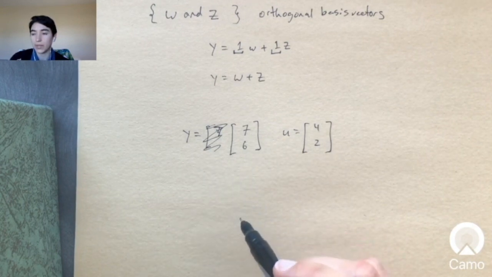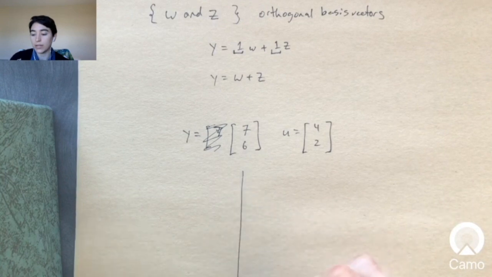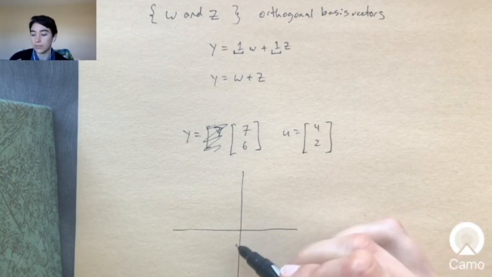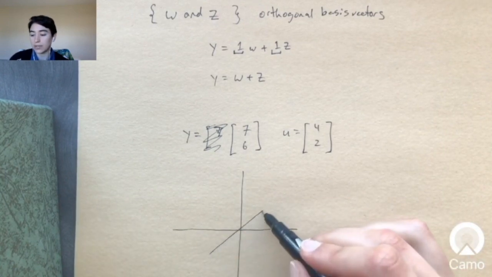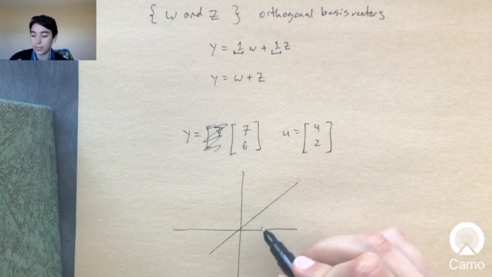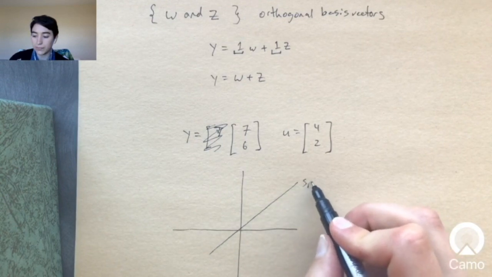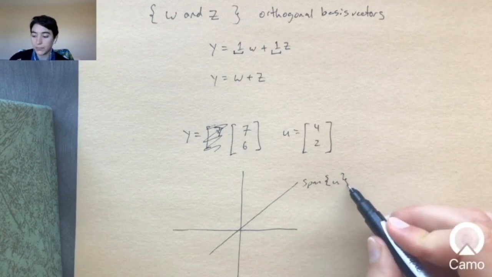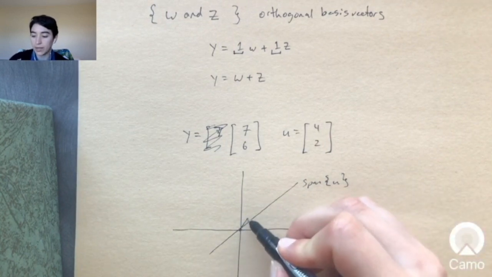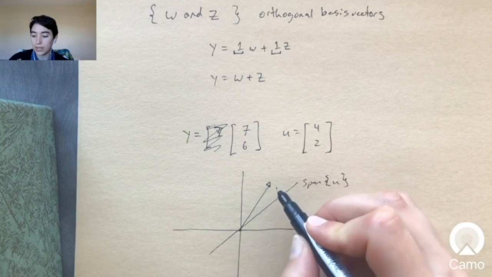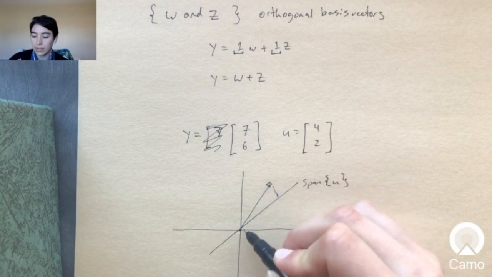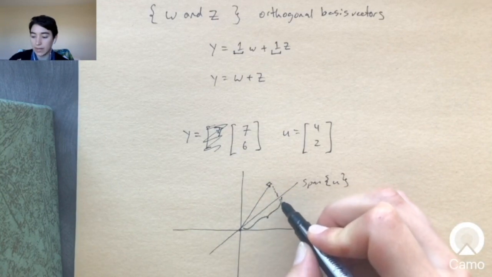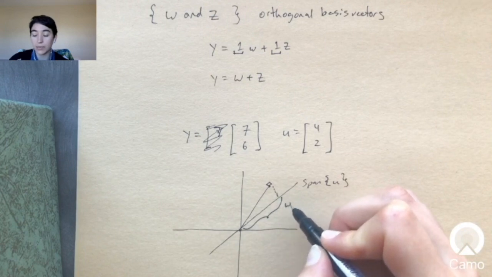So we want to be able to say when we have our u component here, span u, and we have our y vector here, we want to be able to find this vector right here, which is our w vector.